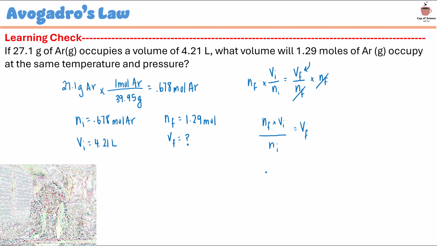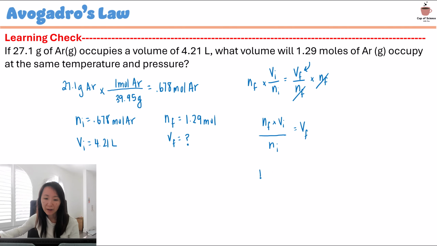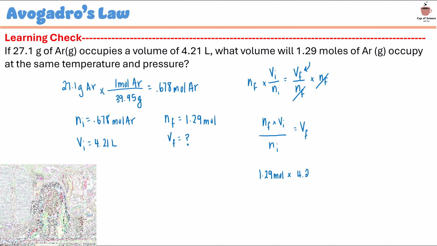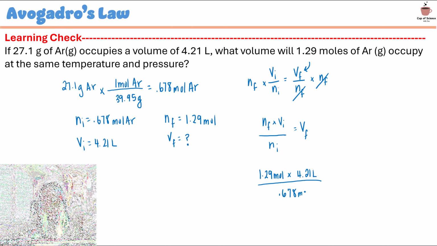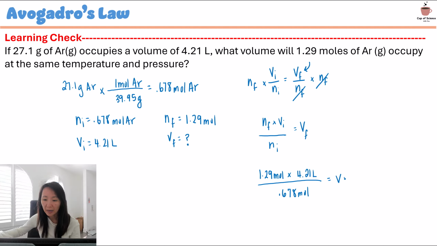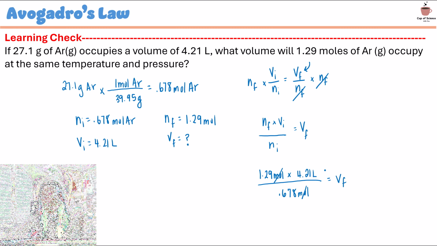Plug in all the values: the final moles, 1.29 moles, times the initial volume, 4.21 liters, all over the initial moles, 0.678 moles. You can cancel out the moles and you're left with liters, and that's good because we're looking for a volume.